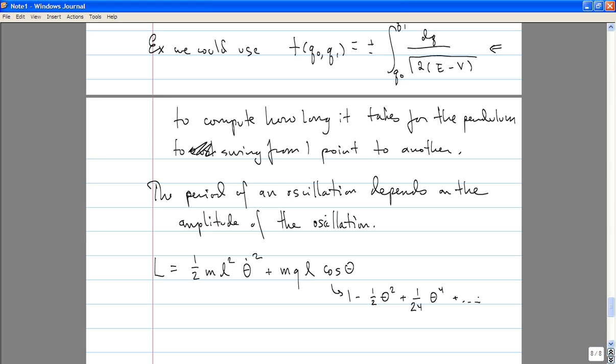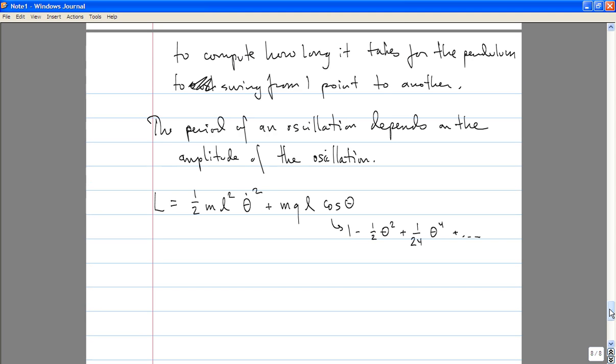So that 1, of course, doesn't matter. That just corresponds to adding an overall constant to my Lagrangian. And as you showed in your problem set, adding a constant to the Lagrangian doesn't change the equations of motion. That theta squared term tells us about the first terms in the equation of motion expanded around the stable minimum at theta equals 0.